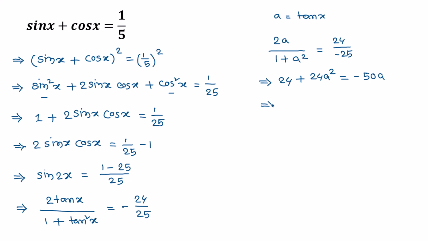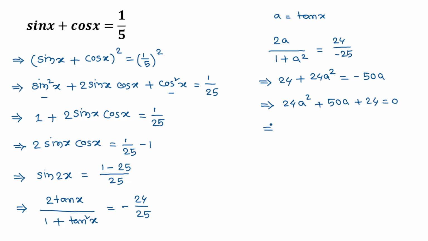Now taking this negative 50a to the left side, we get 24a square plus 50a plus 24 is equal to 0.